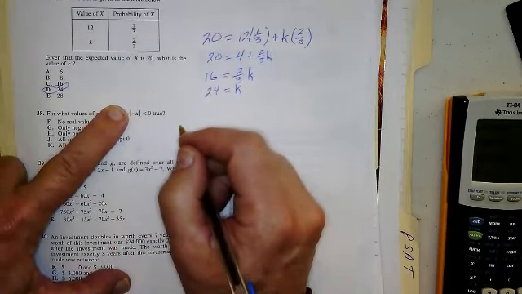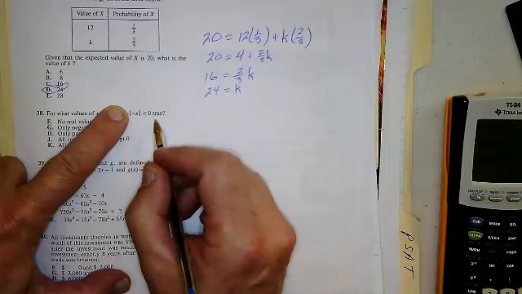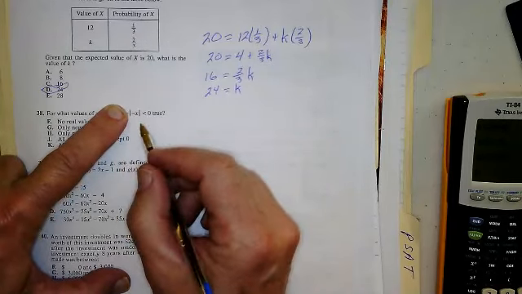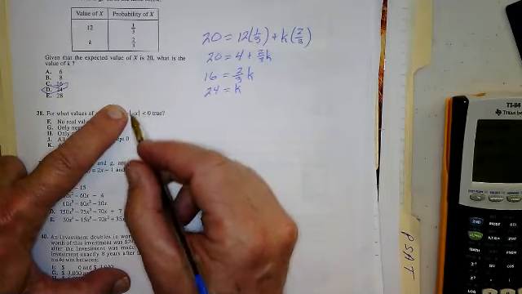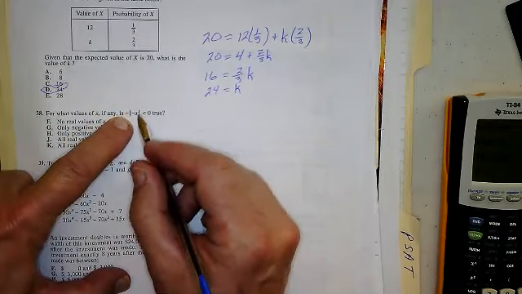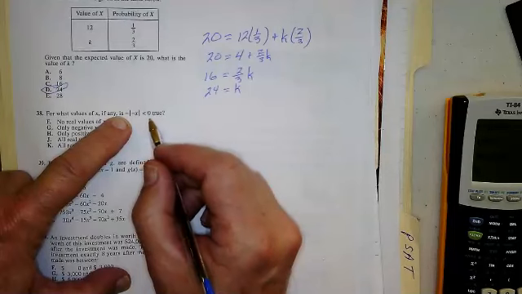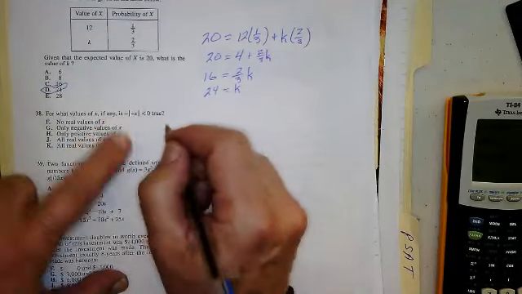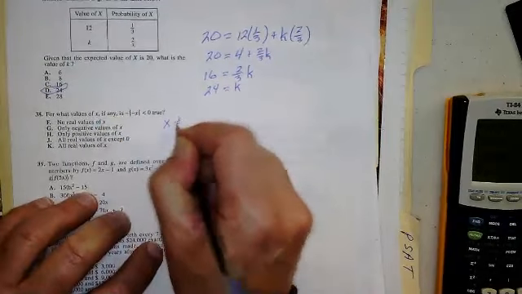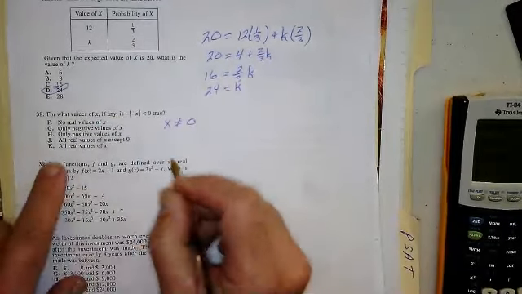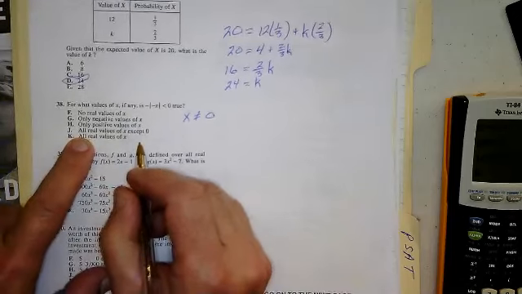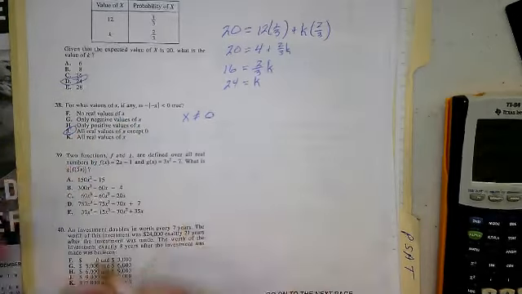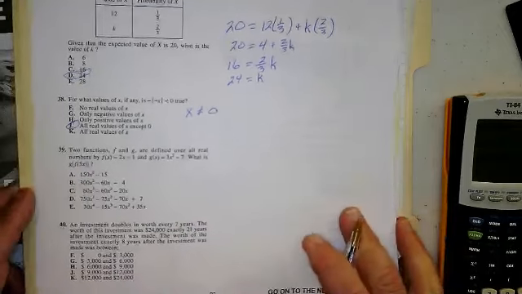So no matter what number we plug in there, we're going to get a positive number, and then we take the opposite of it, and it's going to make it less than 0, except if x equals 0. X cannot equal 0, and so that's the only place. So that answer is J, for all real numbers except 0. So it's all real numbers, any number we can think of.